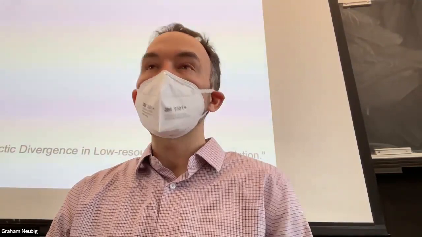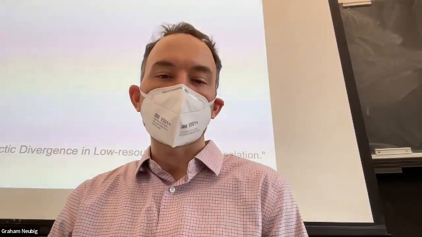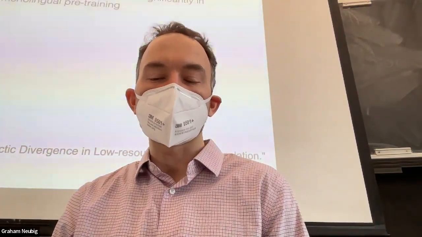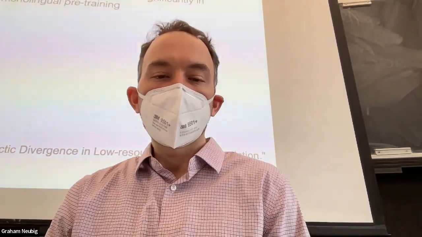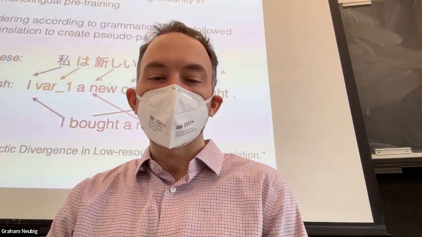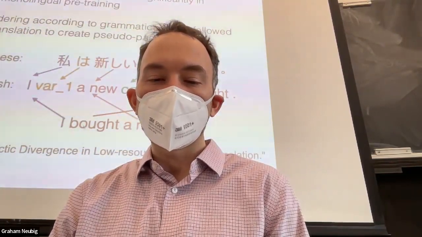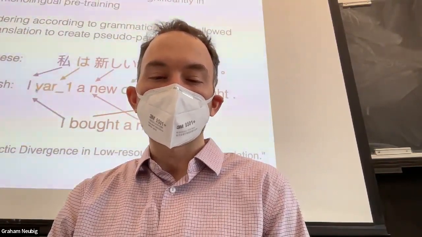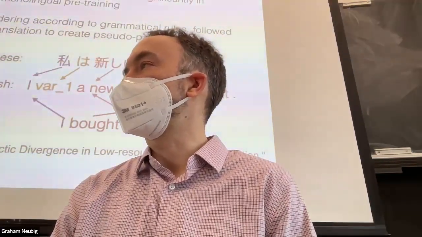Other things you can do are you can try to decrease this divergence with reordering or rules. So this was also another paper in the potential reading. And basically the idea is that you a priori do some reordering from one language, from English into reordered English, and then do data augmentation on top of that.